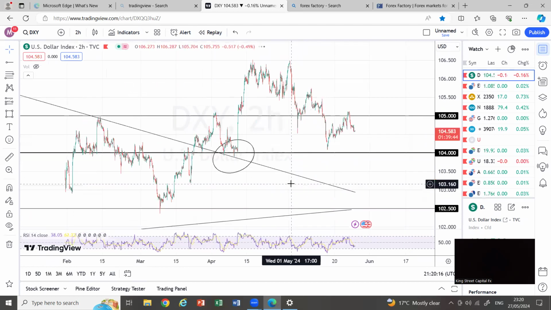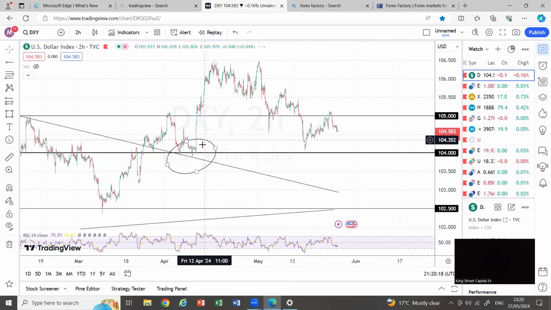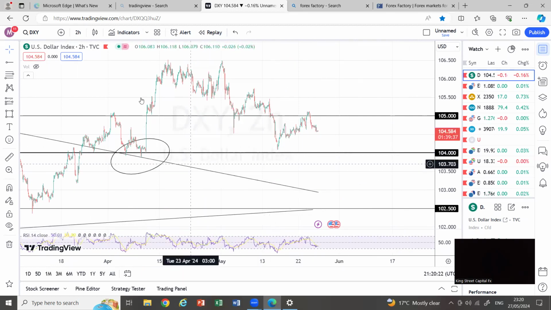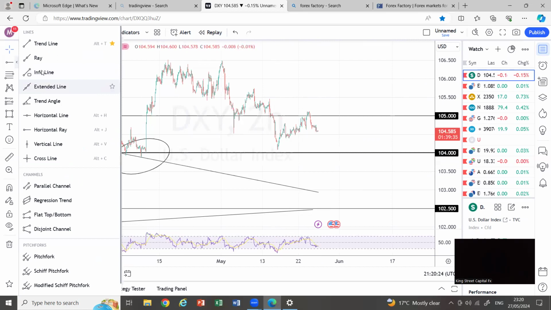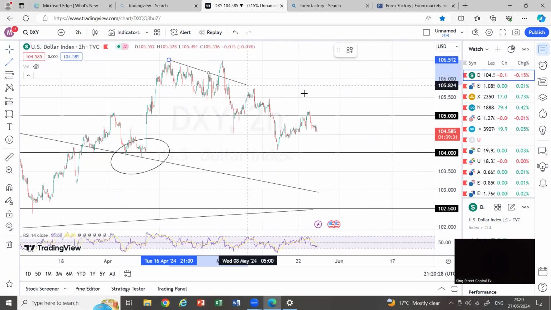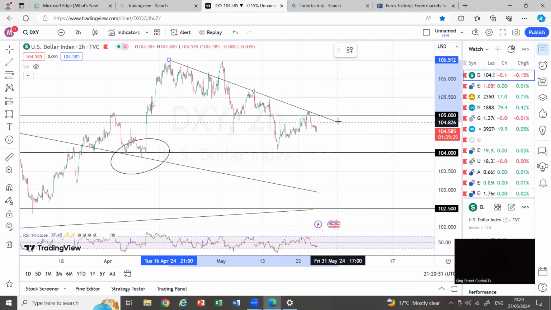Just wait. Apologies, guys, the network is a bit slow. So we do see this demand level reached, push to the upside. If we pull a trend line, always like to get the most touches when using my trend line.